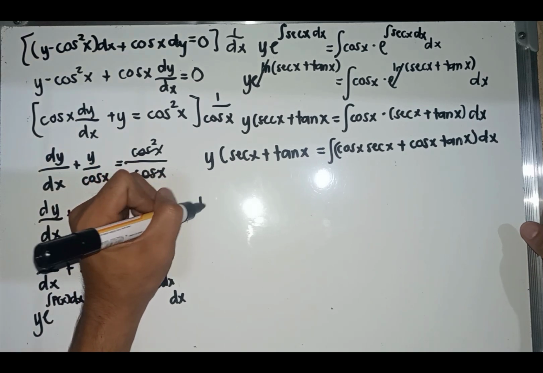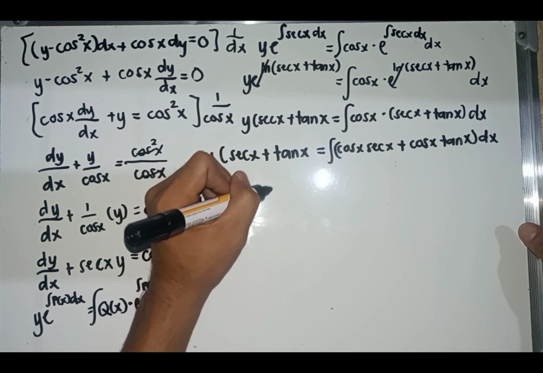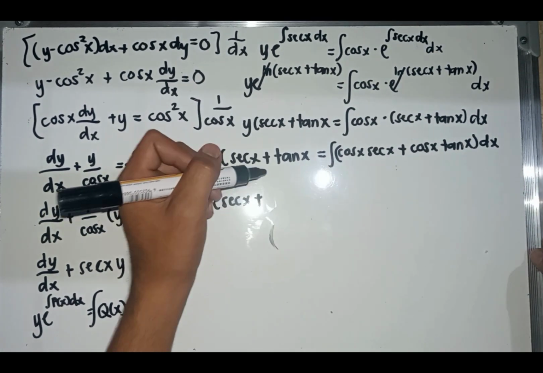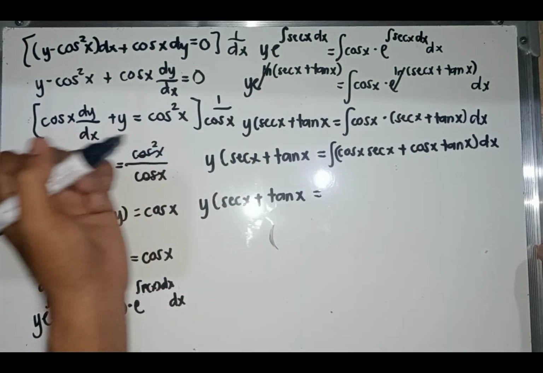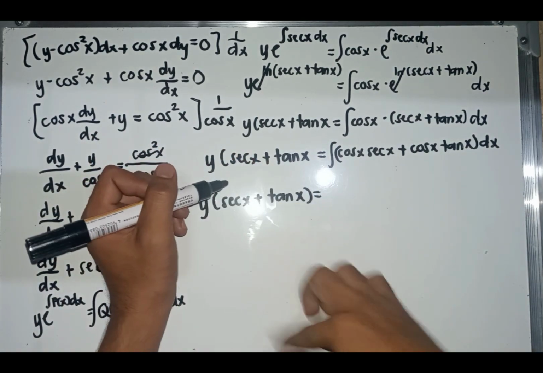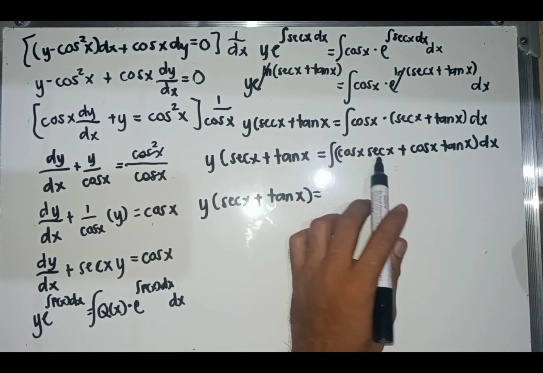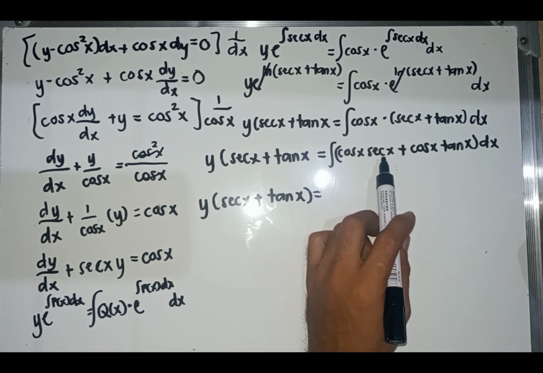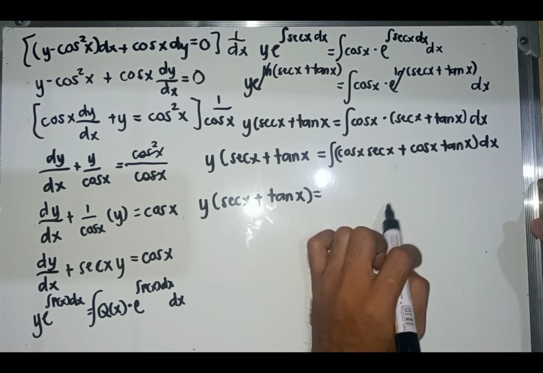We know that secant of x has an identity of 1 over cosine of x.